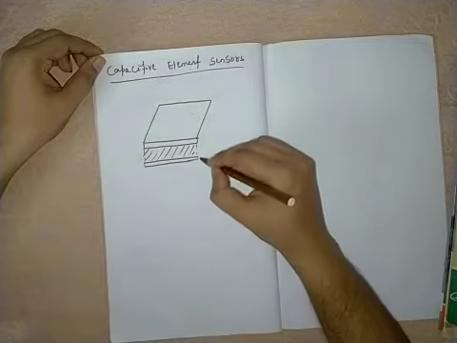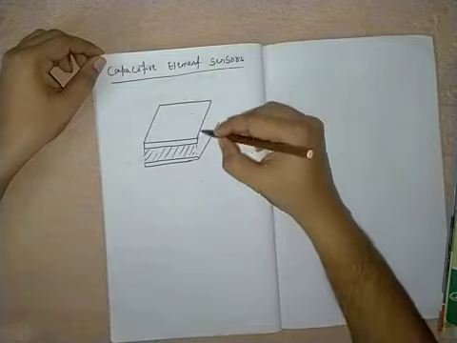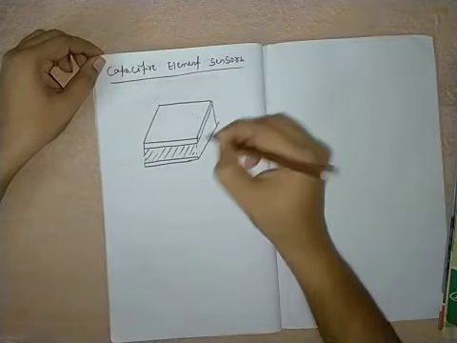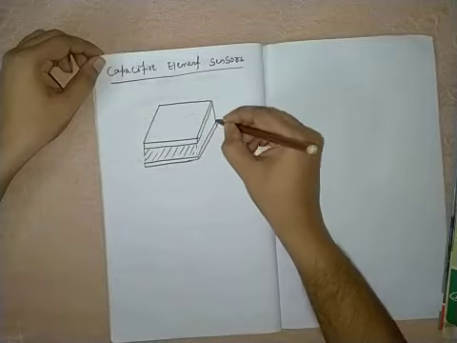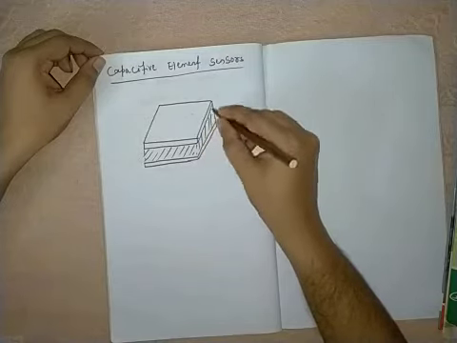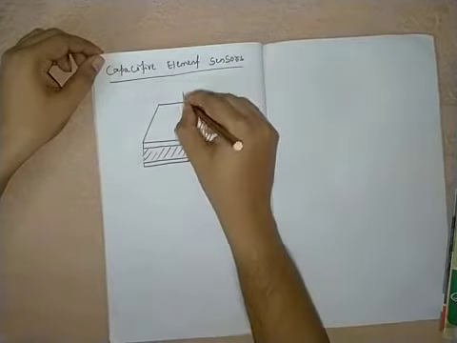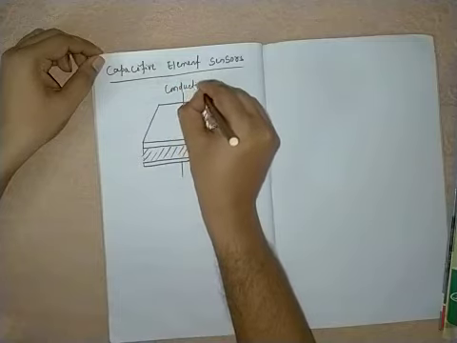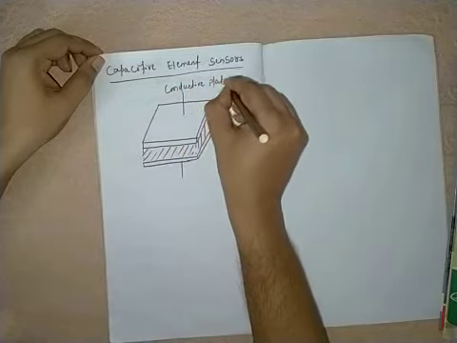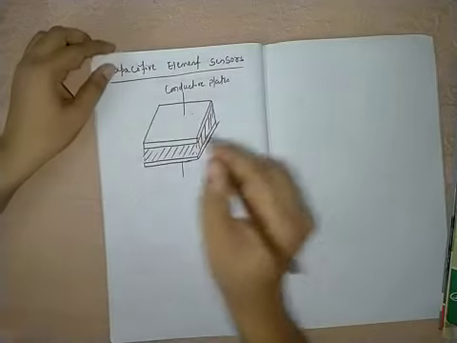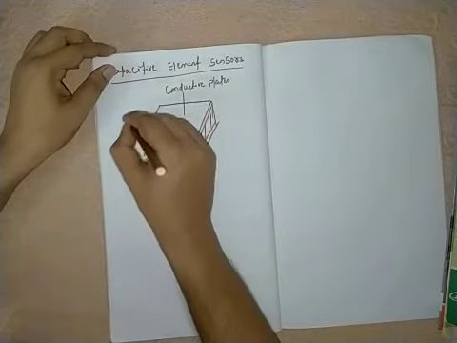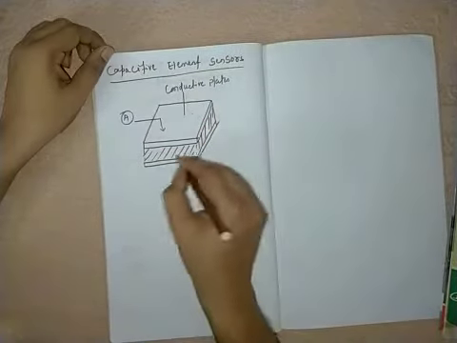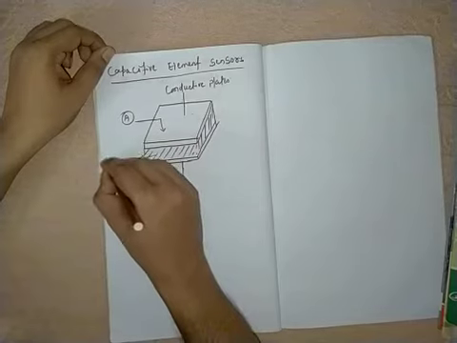Let me complete the figure. Here the dielectric is filled. So these are conductive plates. These are conductive plates. Let this area is A. A is the area of overlap and this is called your dielectric.